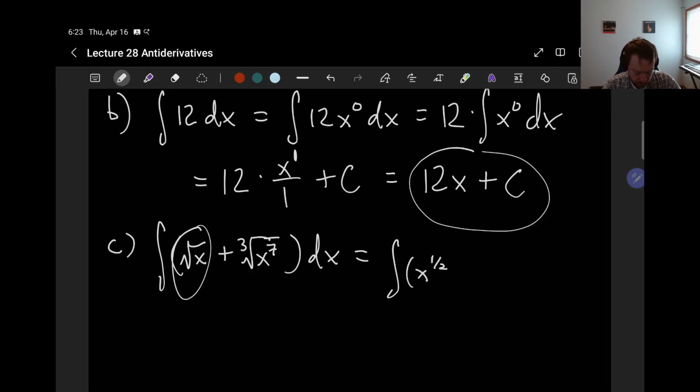Remember, the square root is the same thing as x to the 1/2. And a cube root, think of that as a 1/3. But I also have a 7 power in here. So that becomes 7/3. And now that we've written it this way, we're set up to use power rule.